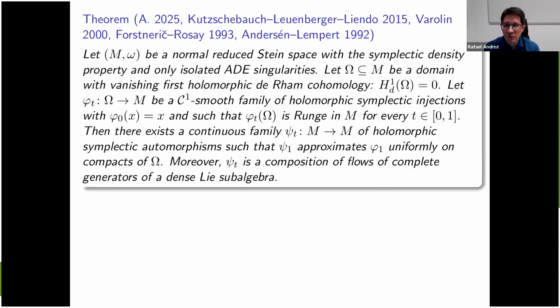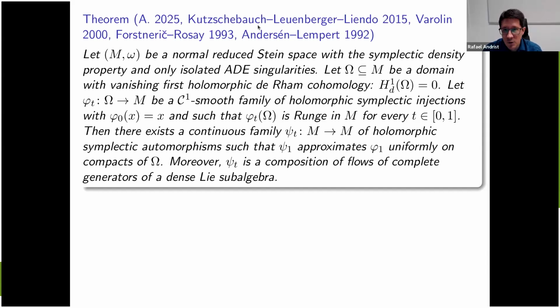Of course, from one variable complex analysis, there's a very nice topological characterization of Runge sets in one variable. Unfortunately, in higher dimensions, this completely breaks down. So we simply call a domain Runge if this property holds, that we have this approximation property for functions. And then Varolin generalized it to Stein manifolds with the density property.